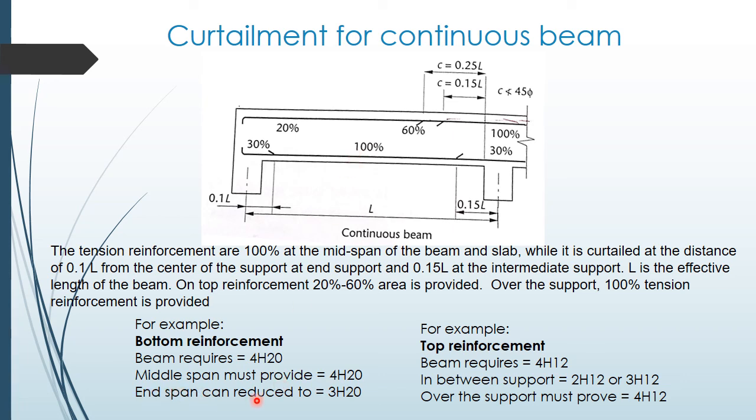And the end span can reduce to 2H20, which is around 30% of the mid-span steel bar. For the top reinforcement, the beam requires 4H12. So in between supports, we can provide 2 to 3H12, while over the support, we must provide 4H12.